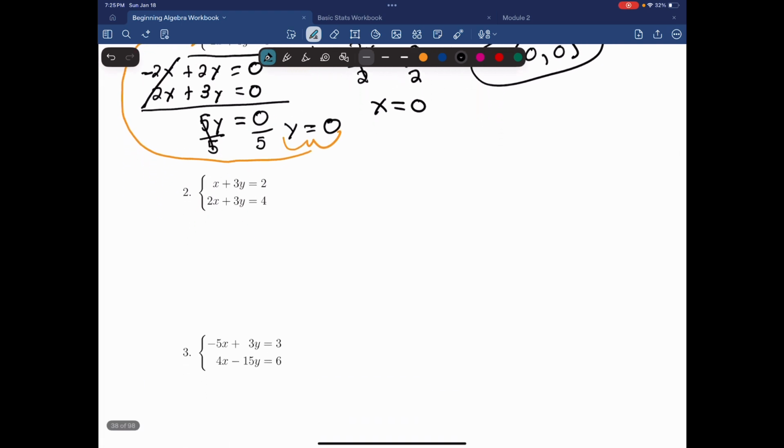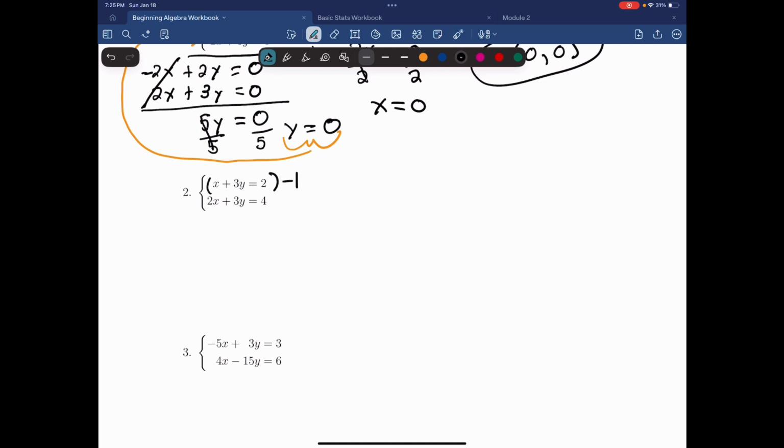Alrighty. So looking at example 2, we have the system x plus 3y equals 2 and 2x plus 3y equals 4. So looking at our x and y terms, our y terms are the same, 3y and 3y. So naturally, what I want to do is multiply this entire top equation by -1.